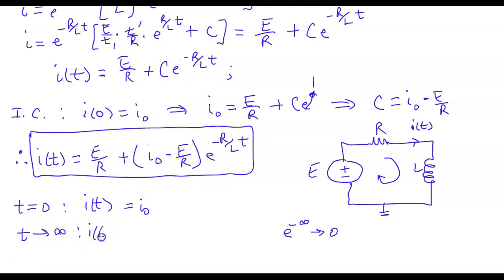And all I would have left is E divided by R, or the voltage divided by the resistance of this resistor right here. And that's really basically telling us that what this inductor is doing is it is impeding current flowing through this particular circuit here.